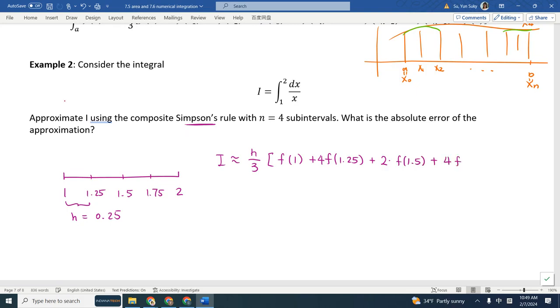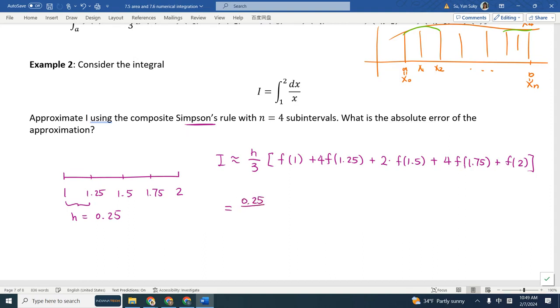So 4, 2, 4. And then the right endpoint, how many copies? 1. So f of 2. So the endpoints just get 1 copy, and the interior points alternate 4, 2, 4. Is that clear, everybody? Okay, so plug this into your calculator.